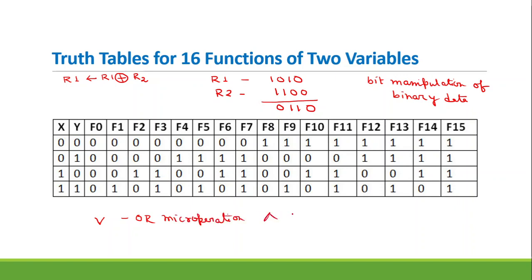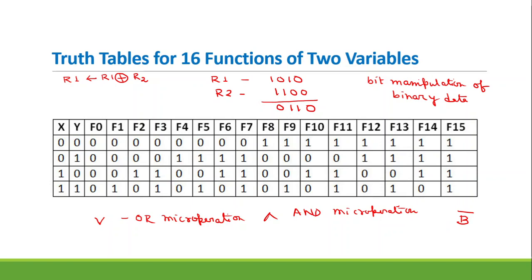Similarly, ∧ will denote the AND microoperation. The complement microoperation is the same as one's complement, and it will be represented as a bar on top of the symbol. This is the complement of B.